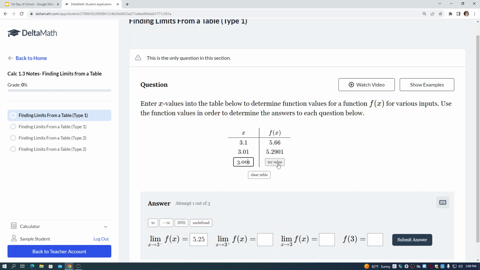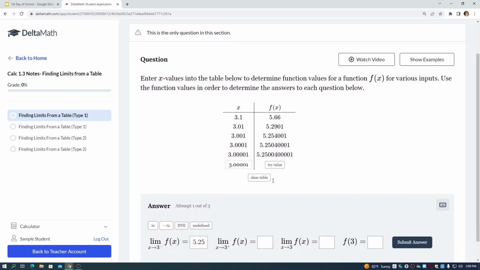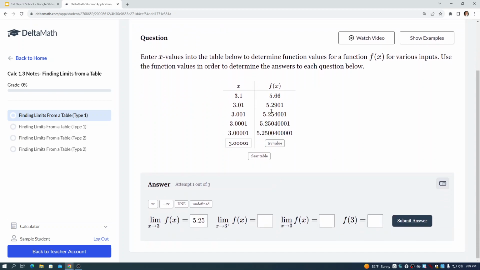And then add in another 0, and another 0, and another 0, until it's really clear what all of this is getting to that we know we can round to. 5.25. This is just 0, 0, 0. So 5.25 are the important numbers there. We don't want to round to 5.3 because that's not as precise. And you see that they match. And we talked about when a limit from the left and from the right are the same, then this general limit is that same value.